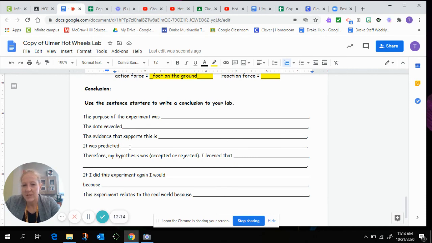What did you predict would happen? What was your hypothesis in each scenario, part 1 and part 2? And then were you right? Was your hypothesis accepted or rejected? One of the last things, what did you learn? And if you did the experiment again, and for those of you that are at home and didn't physically get to do the experiment, looking at the experimental procedures, what would you do to improve the experiment?